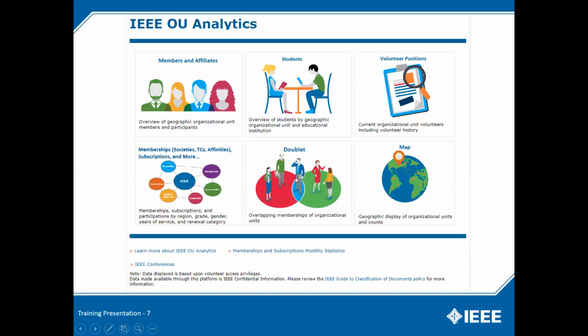You also have the doublet and the maps. I'll go over them in a moment. There's also a link to the memberships and subscriptions monthly statistics. This is an important document, and it is only numbers, but it is a lot of very good numbers. These are the end of month numbers for all the different OU units.